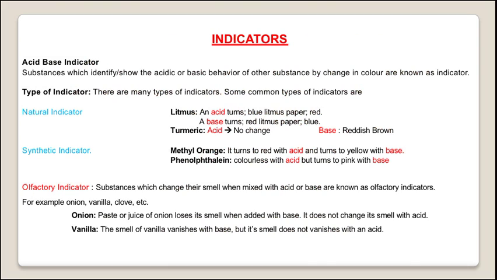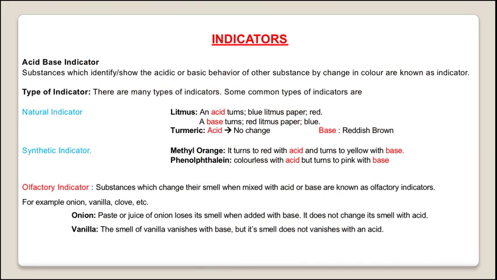Now we have synthetic indicators, that is methyl orange and phenolphthalein. Methyl orange, as the name suggests, is orange or yellow in color naturally, but when it is used in acid it turns red, and if it is used in base it remains yellow or orange.